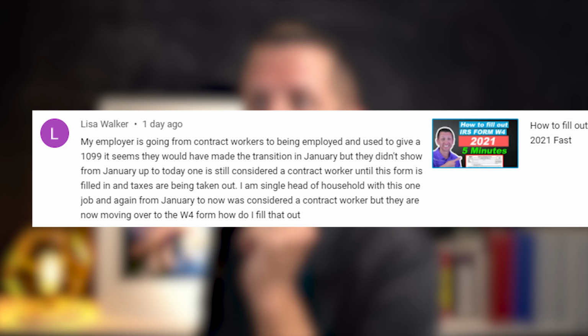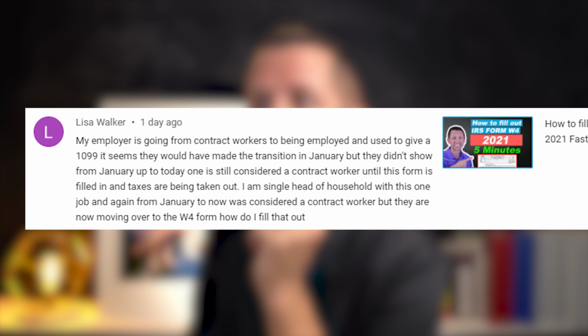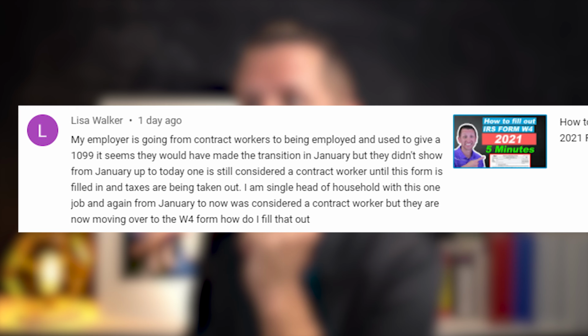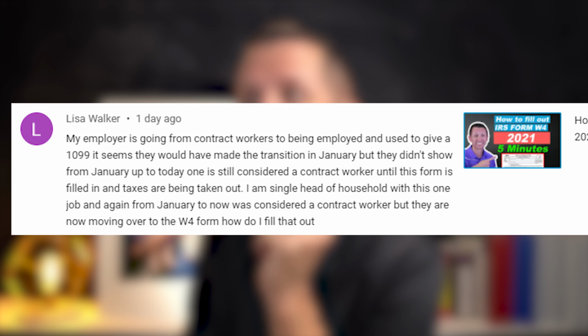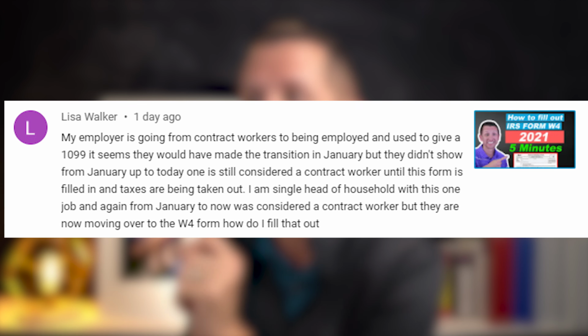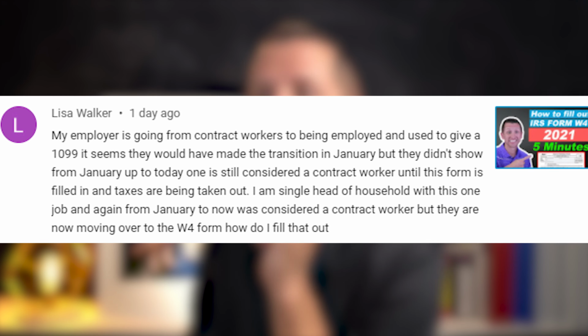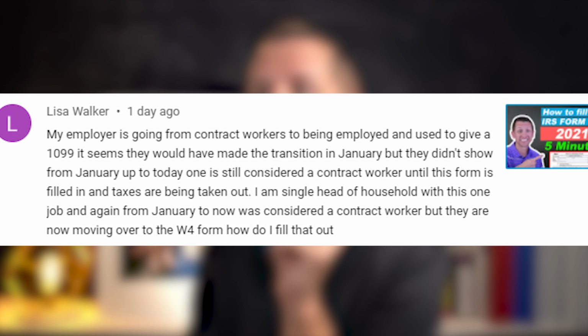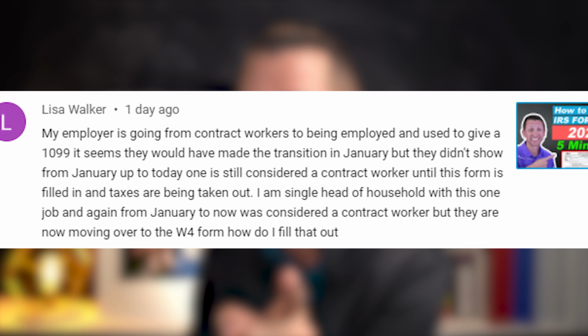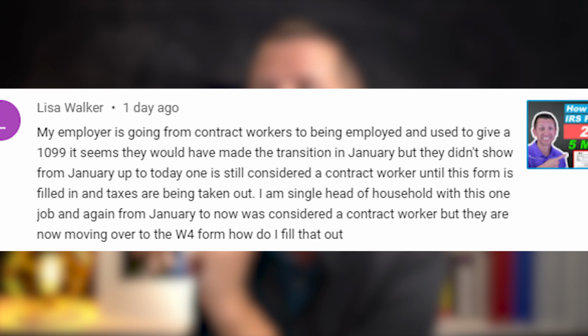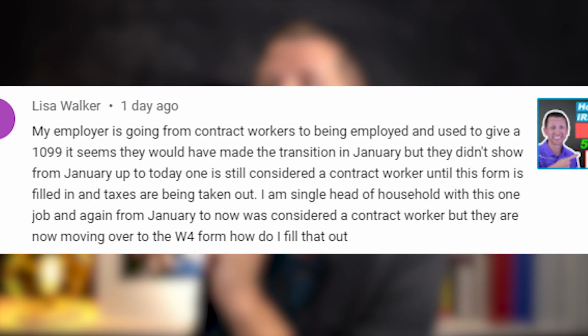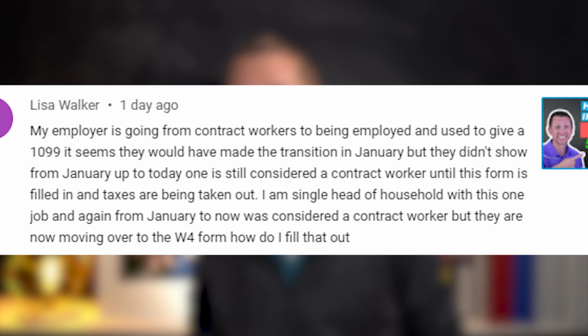From January up to today one is still considered a contract worker until this form is filled in and taxes are being taken out. I am single, head of household with this one job. And again, from January to now was considered a contract worker, but they are now moving over to the W4 form. How do I fill that out?